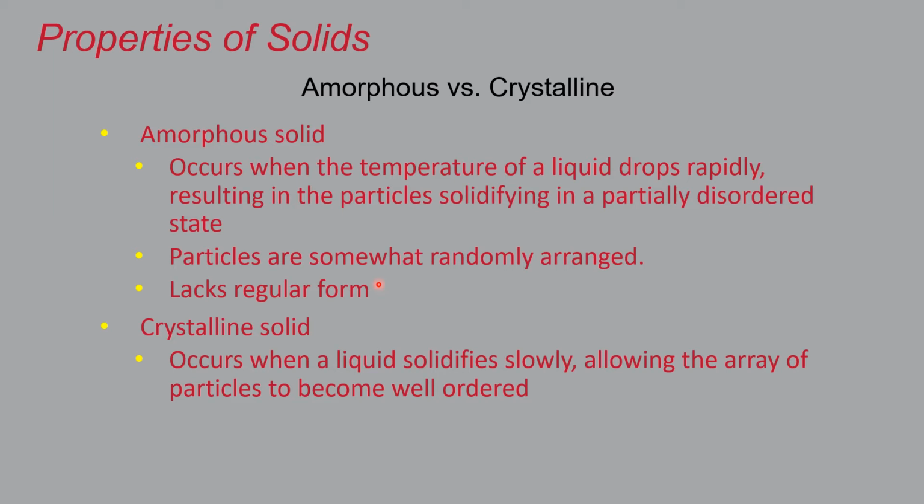The difference being how slowly you let it cool down. So when the liquid cools down and solidifies slowly, all of the little areas tend to adopt the same order. They line up. So there is long-range order over the entire chunk of stuff, no matter how big or small it is. And it turns out that most solids are of this type, as long as you let them cool down slowly enough.